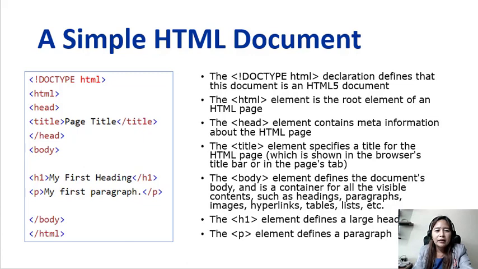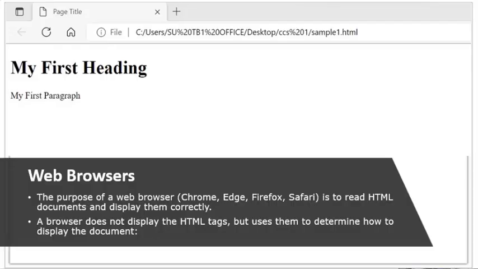But before that, I guess I have to show you what happens when you open this particular file in your browser. When you open your HTML file in any browser for that matter, you can open this in Chrome, Edge, Firefox, Safari.